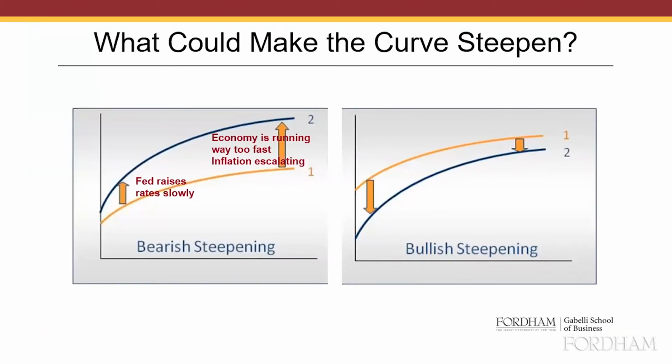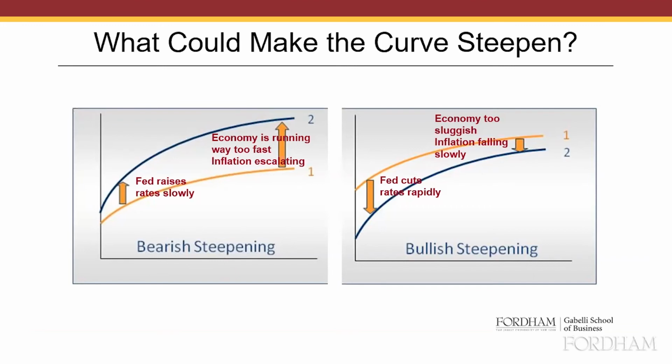On the flip side, we can also see bullish steepening every now and then. Right? Why is it bullish? Well, interest rates have fallen from here to here. Lower interest rates, bond prices go up. That's good for the bond market. That's bullish. Right? And this happens when the Fed cuts rates rapidly, but the economy is too sluggish and inflation is falling very slowly.